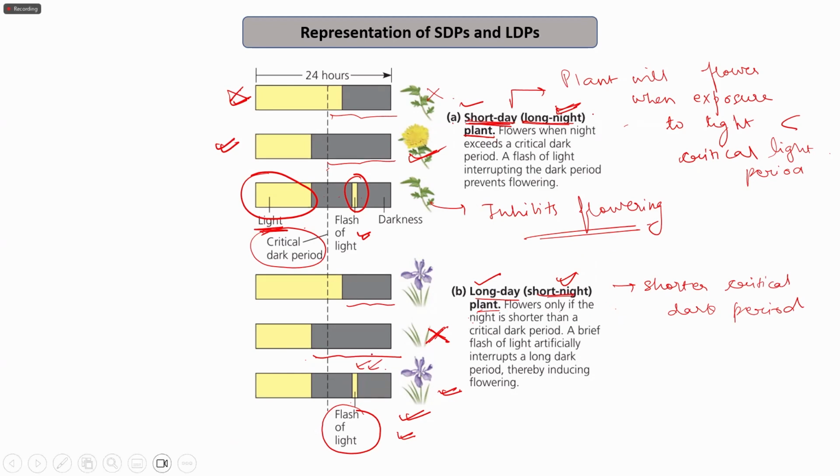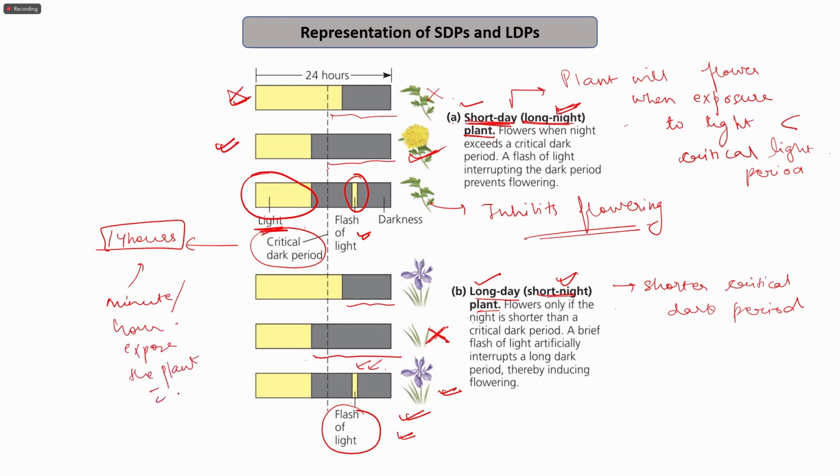So the period of darkness should be less than this critical dark period. And even within this, suppose this critical dark period is of 14 hours, and within this 14 hours, even for a minute, or let's say for an hour, I expose the plant with the light.